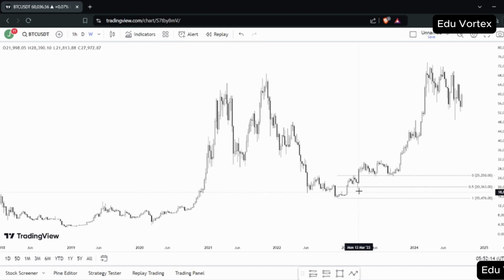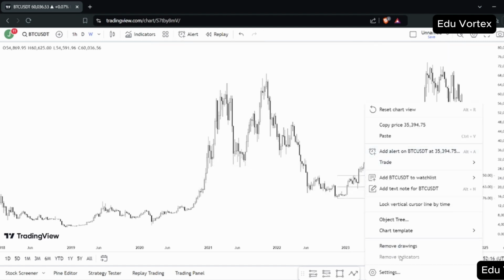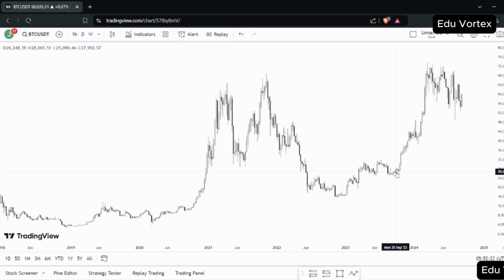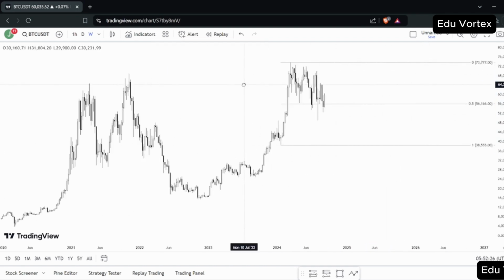We do this, lower into discount, higher. Same thing here, discount, higher. Then we're in a ranging market, then we go higher. And now we're right here in this structure. So that's our swing points.